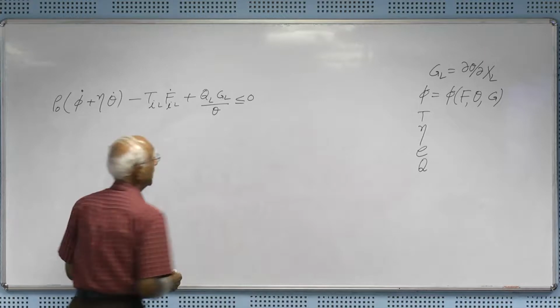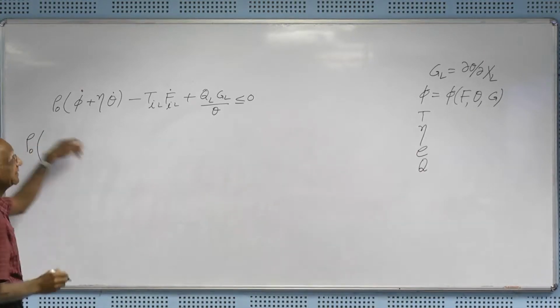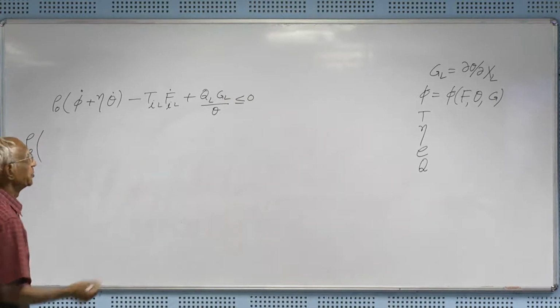So if I do that, now phi is a function of all those variables. So I'm going to differentiate them and use the chain rule of calculus.